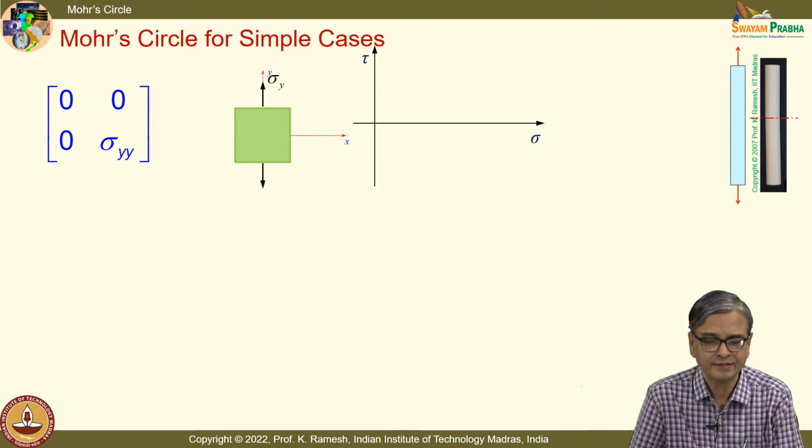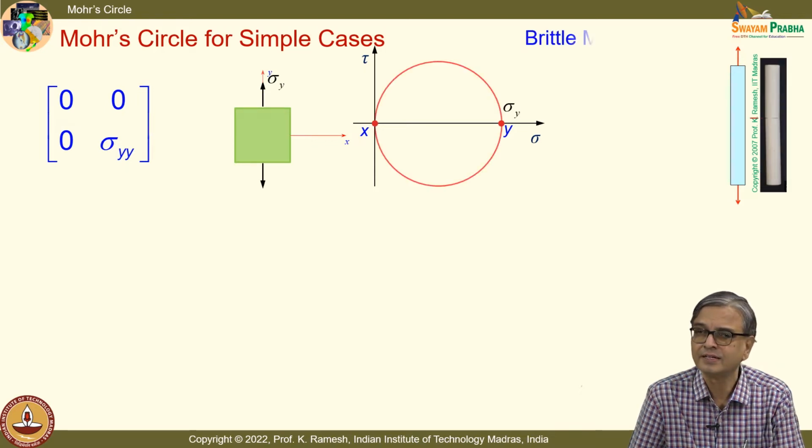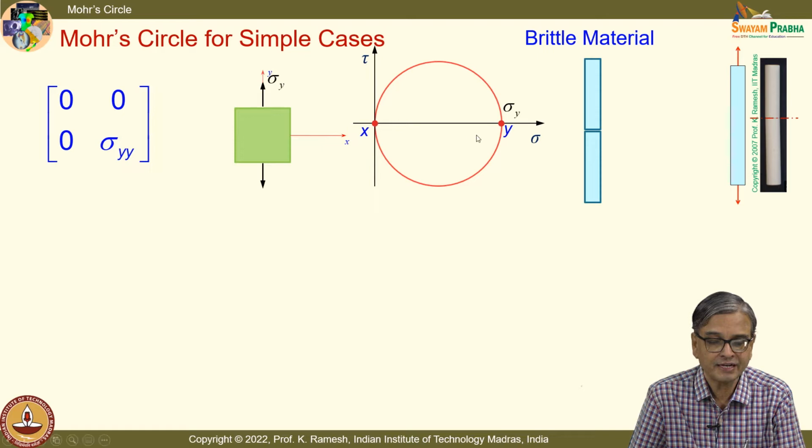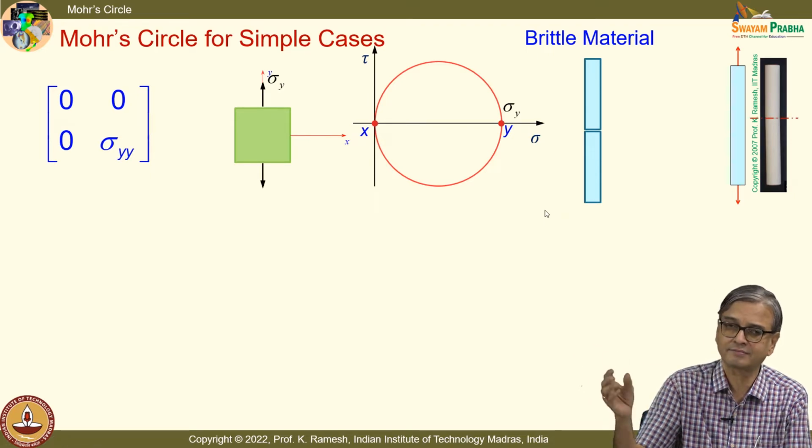Fine. And I have the Mohr circle like this. Mohr circle is nothing but the plane, and you have the y plane. So, if the value of sigma y is increasing, what will happen? The Mohr circle also will be increasing.